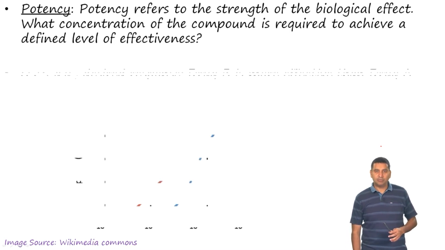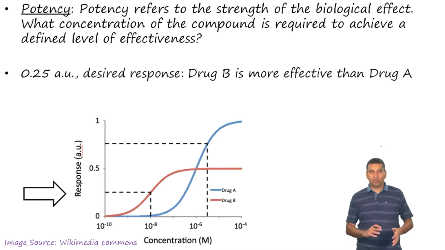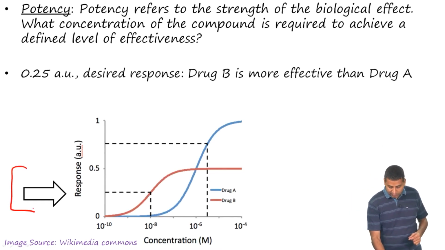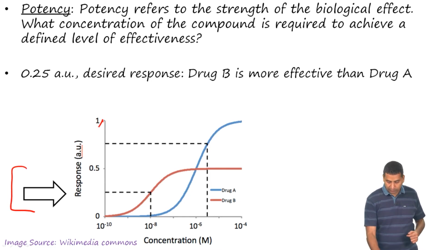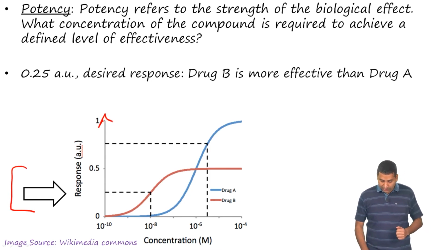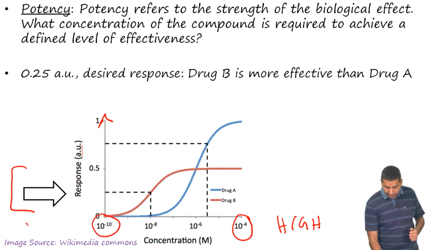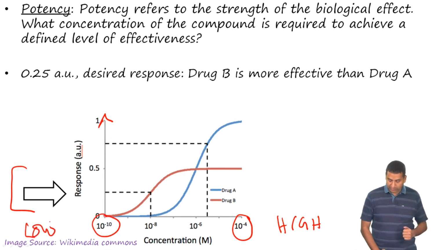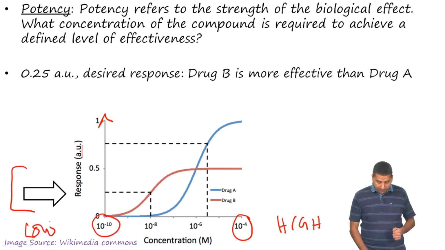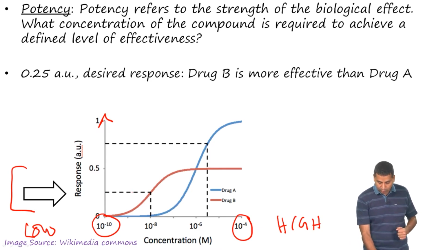Now, let us look at an example where we are comparing two drugs. Let us say that the desired efficacy is 0.25, which is represented on the y axis here, and on the x axis is the concentration, where 10 power minus 4 is a high concentration and 10 power minus 10 is a low concentration. Let us assume the desired response is 0.25.